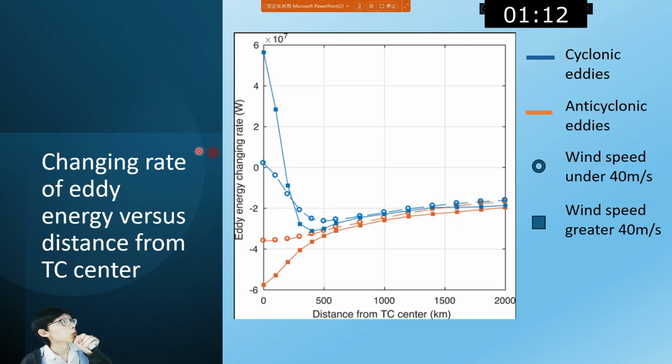The dot with the circle is the wind speed under 40 meters per second, and the dot with the square is the wind speed greater than 40 meters per second. And this picture means that the cyclonic eddies have more energy than the anticyclonic eddies.